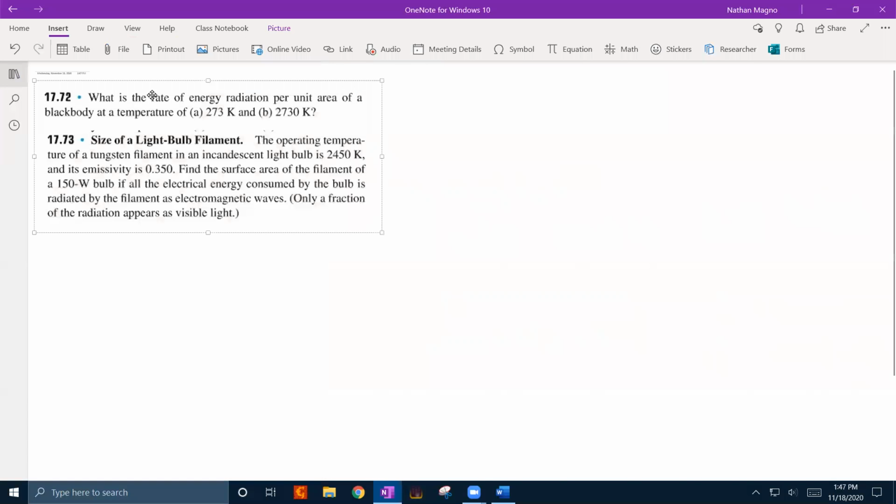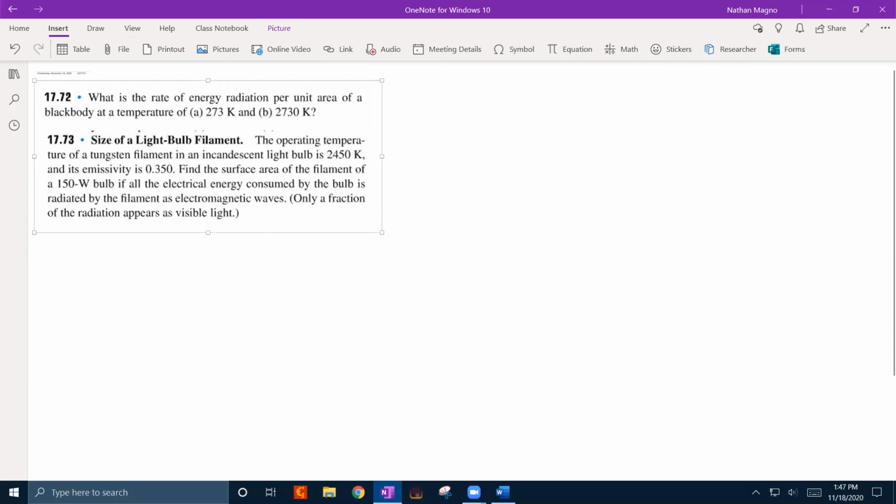Okay, so we're going to do 17.72. Does anybody know what black body radiation is? Black body radiation is based on the concept of an object that absorbs everything and doesn't radiate any electromagnetic radiation.